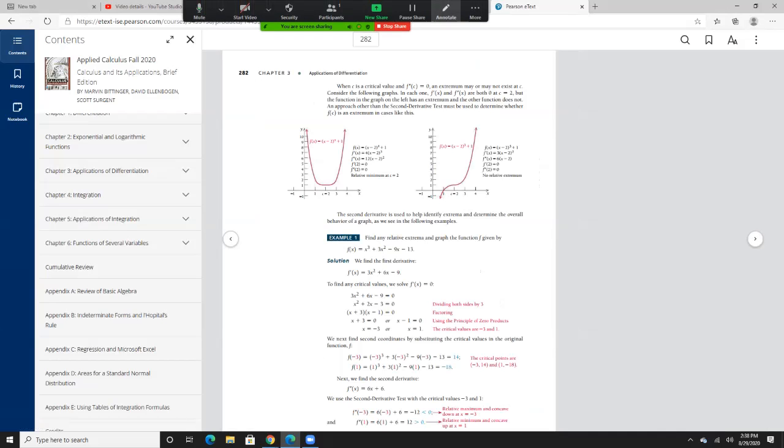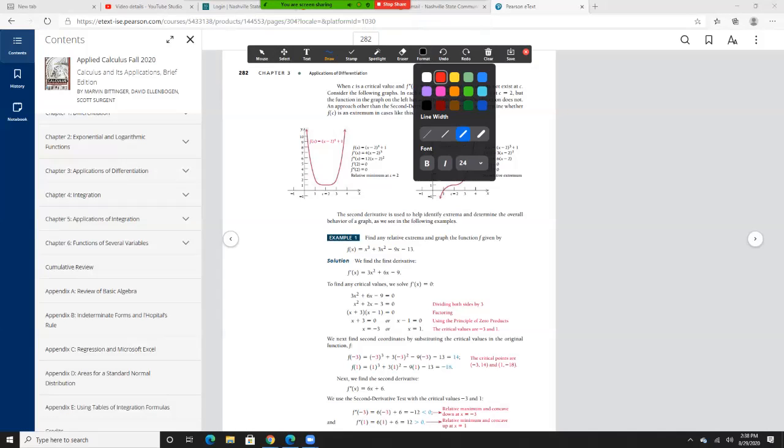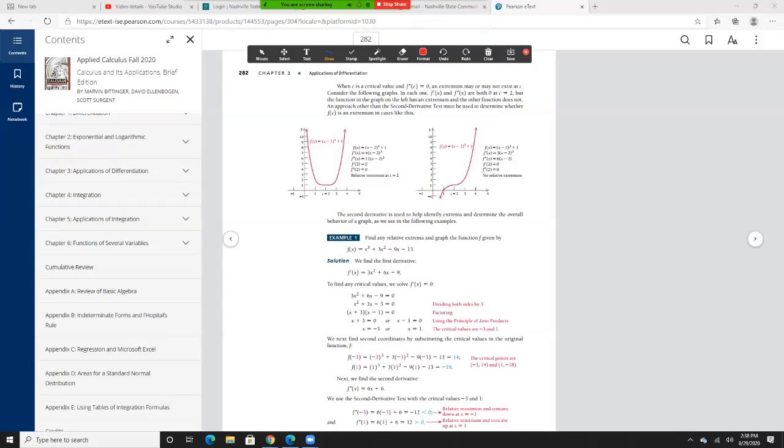Just for clarification, let's go through another graph and discuss the characteristics of it. Let's look at this graph on the right. I'm going to pick a few points, a point here, and a point here and a point here. It appears to me that it's concave down from negative infinity all the way up to -2.